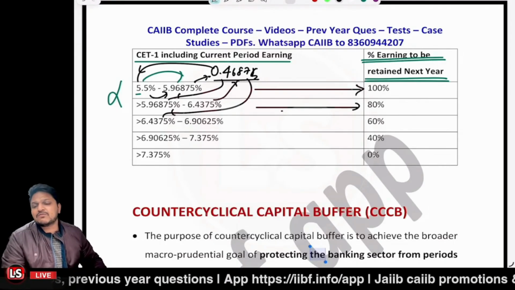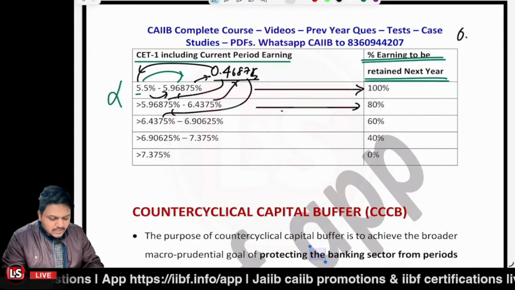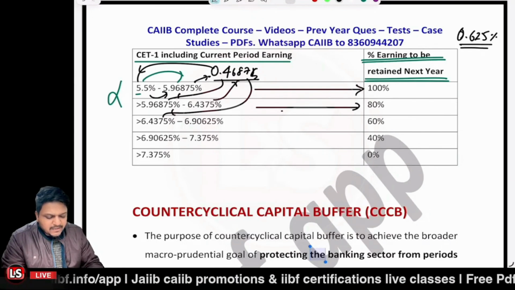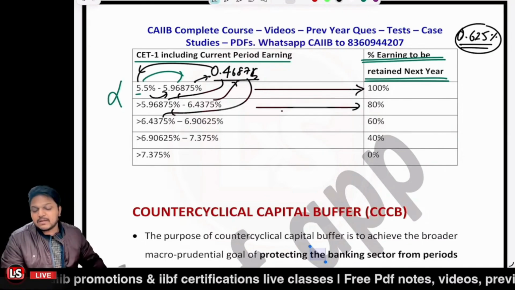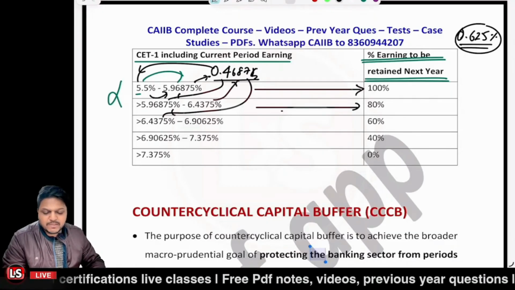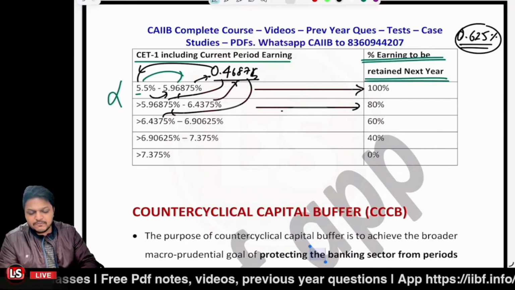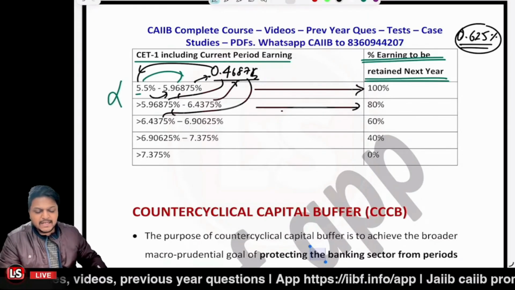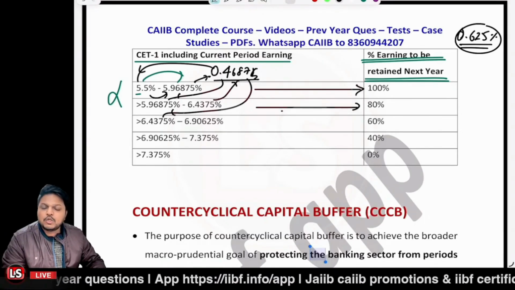Previously, the banks were to maintain the CCB in tranches of 0.625. There were four tranches announced by the Reserve Bank of India, with a step up of 0.625%. For each tranche, banks were to maintain 0.625% of the CET1, and so on. Four tranches were there, so that was 0.625 multiplied by 4, which is 2.5 in total.